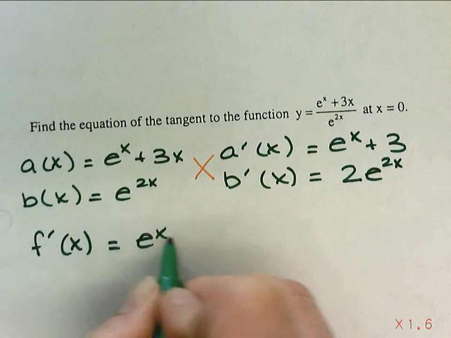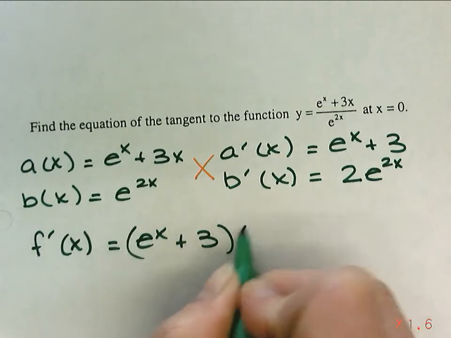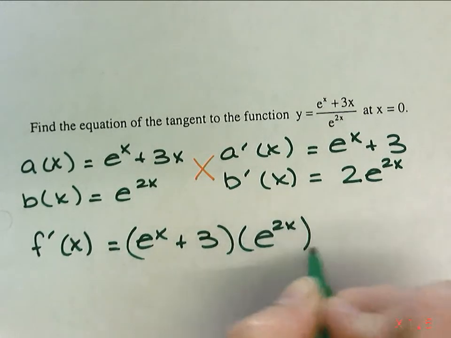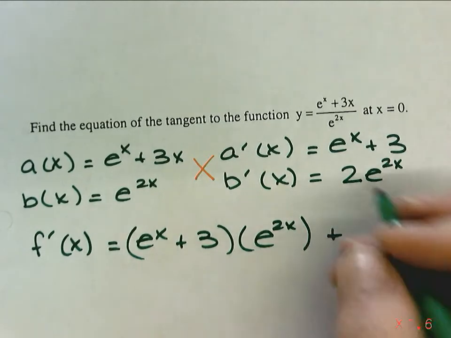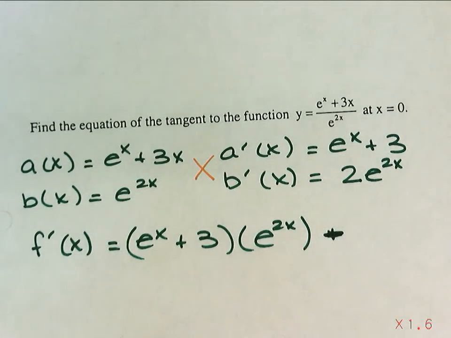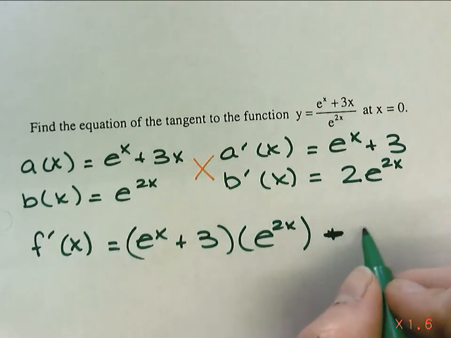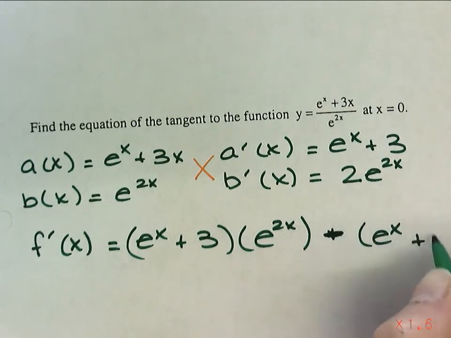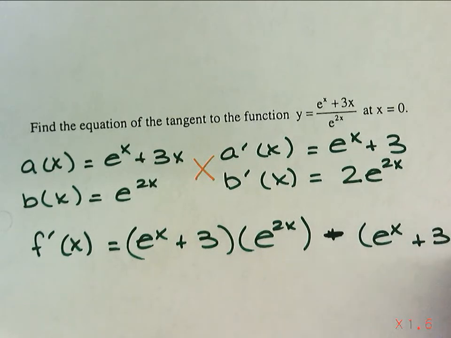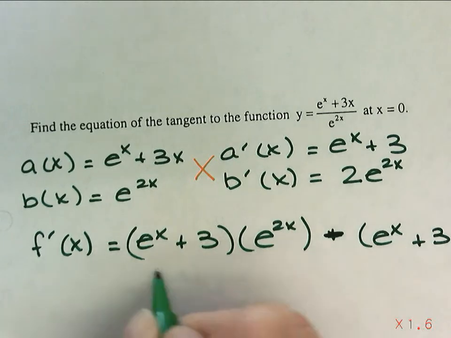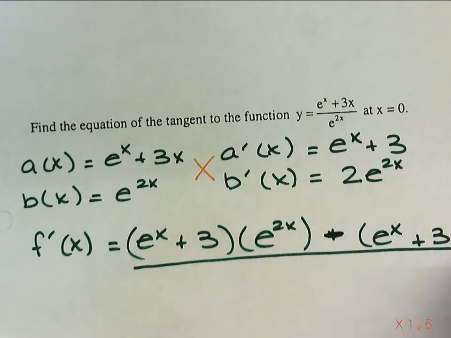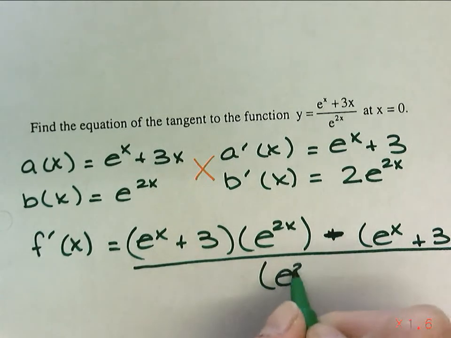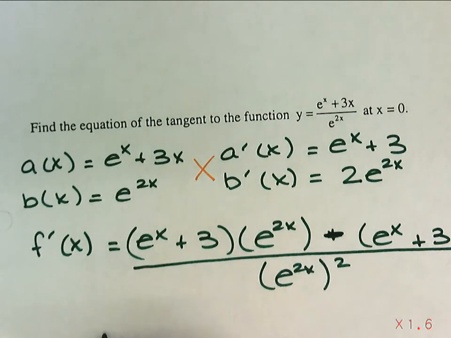So I get a prime times b of x, minus a of x times b prime. And this is all over e to the 2x squared.